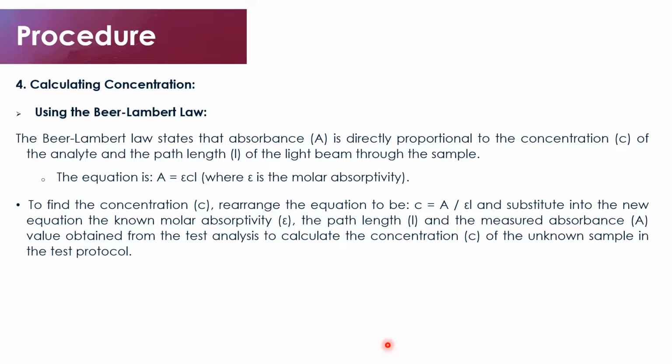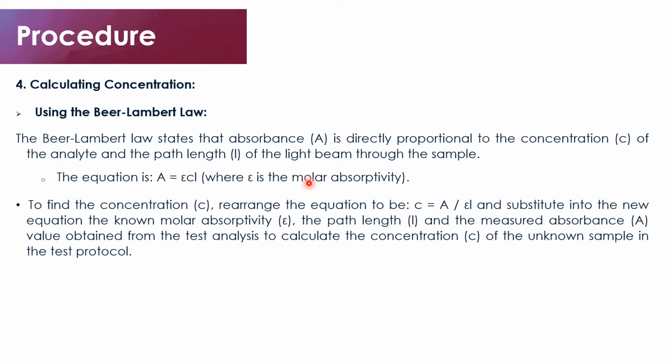First of all, what you have to note is that the Beer-Lambert law states that absorbance is directly proportional to the concentration of the analyte and the path length of the light beam through the sample. Mathematically, the equation is given as this, where this is the molar absorptivity.